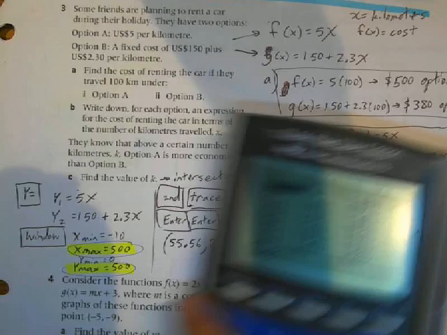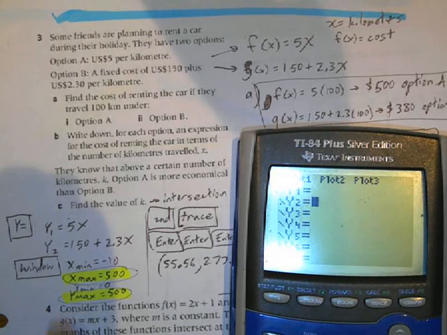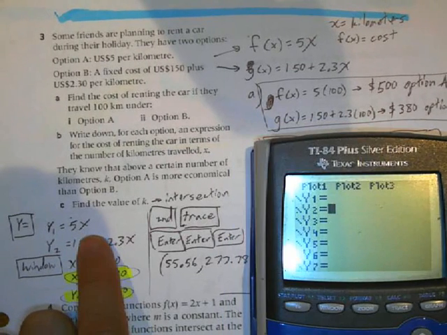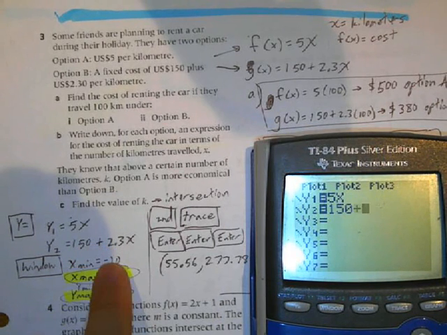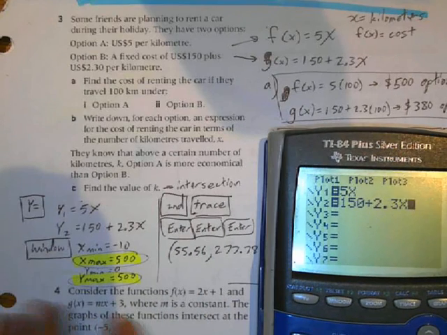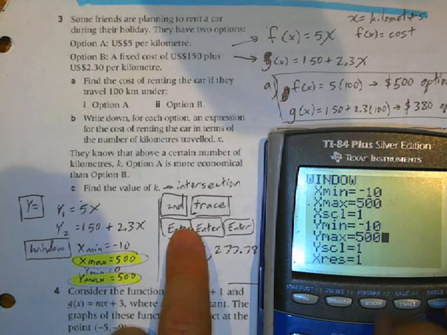Should we do it? Let's do it. Okay, 5x, 150 plus 2.3x. Change the window. 500, 500. Okay. Second trace.